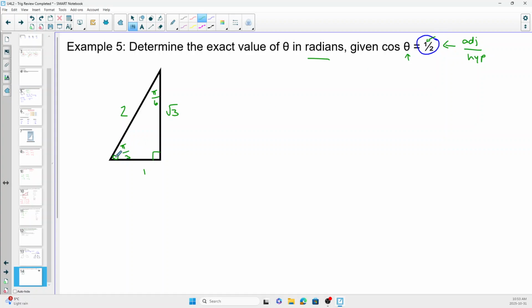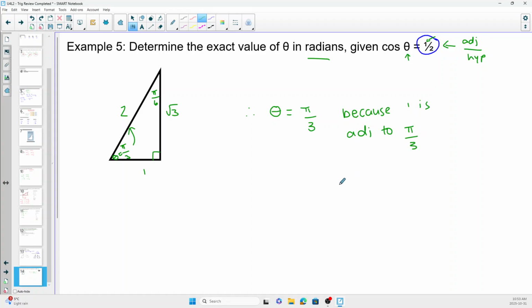This angle has 1 adjacent to it, and 2 as the hypotenuse, as the longest side. So therefore, theta is equal to pi over 3, because 1 is adjacent to pi over 3 and 2 is the hypotenuse.